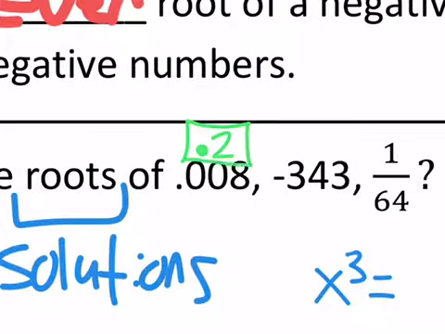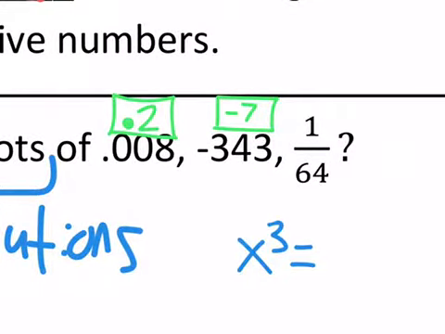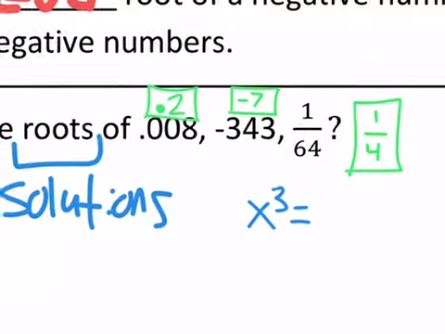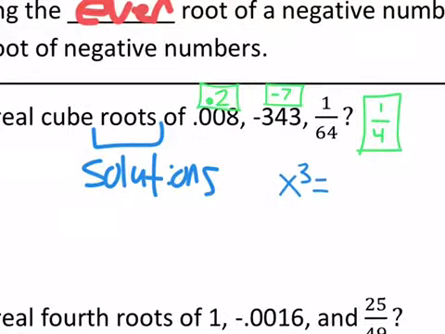Now I can cube root negative 343, even though it's negative, because we're doing an odd root, it would get us negative 7. And then this one here you may or may not need to type in, because you might know that the cube root of 64 is 4, making this one 1/4. Okay, and you can type all those in.